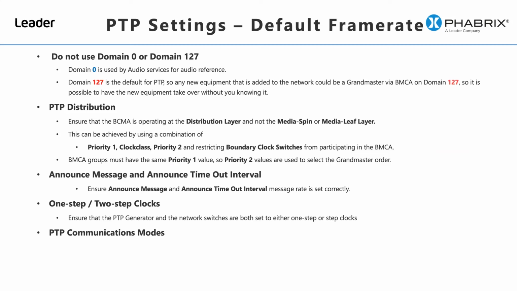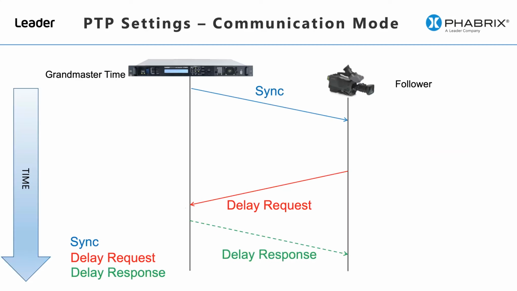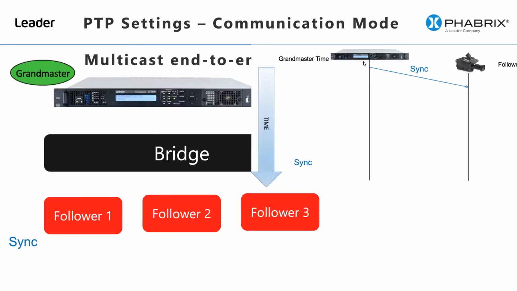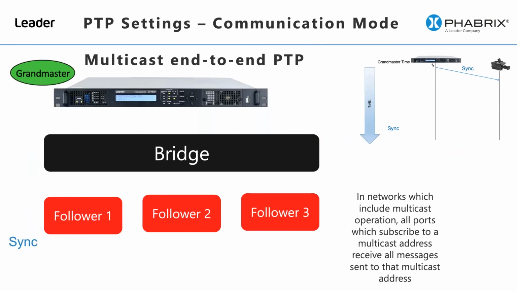PTP communications modes. As we're aware, communication mode features a sync message, a delay request, and a delay response, which are sent between the grandmaster and the follower. First message is a sync message. In networks which include multicast operation, all ports which subscribe to the multicast address receive all messages sent to that multicast address.